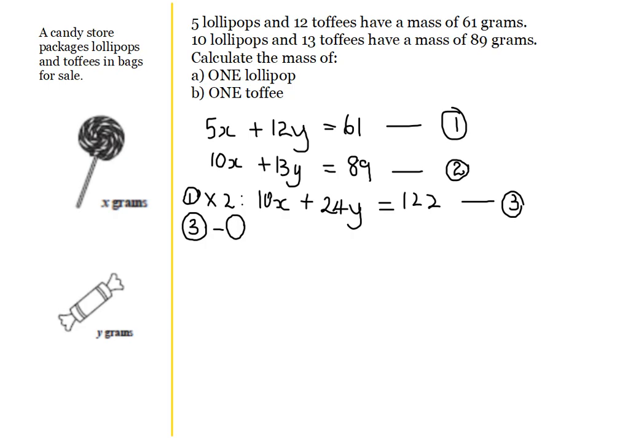Alright? That way you will be able to see it a little bit more easily when you're doing your subtraction, right? But if you're okay with just doing the subtraction because you know you have to subtract term in x from term in x and term in y from term in y, etc.